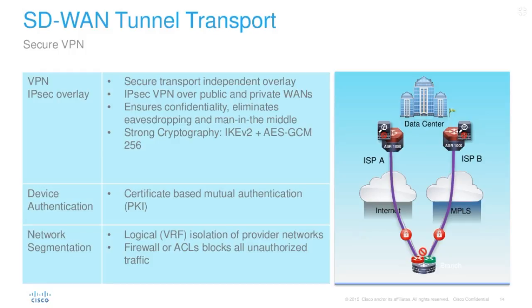And we can use traditional segmentation methodologies like routing VRFs to isolate even different routing overlays if we're segmenting different portions of that remote site traffic. So we might have a different routed portion of the network for IoT devices out there.